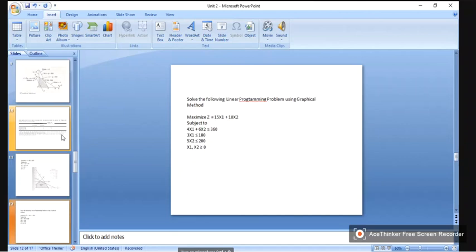And this is the numerical problem. So you can note this one. All of you just note down this one. You can solve this numerical problem by using the graphical method, and we can also solve it using the simplex method.